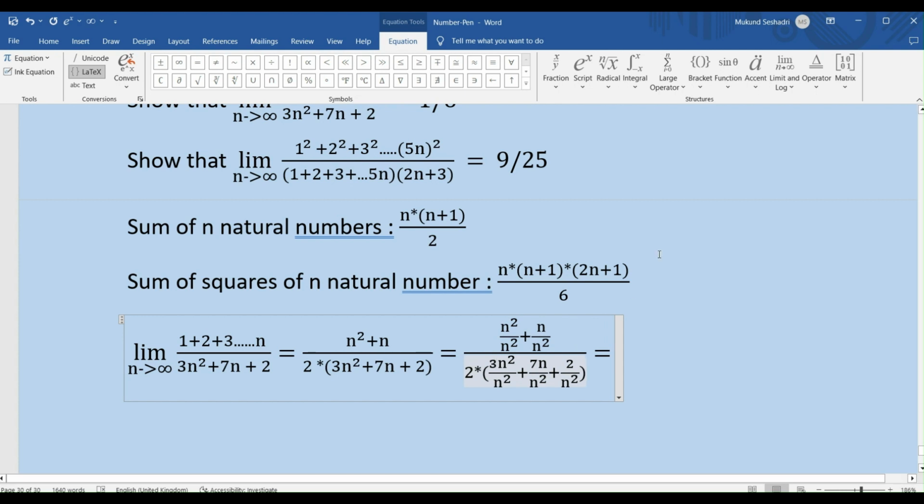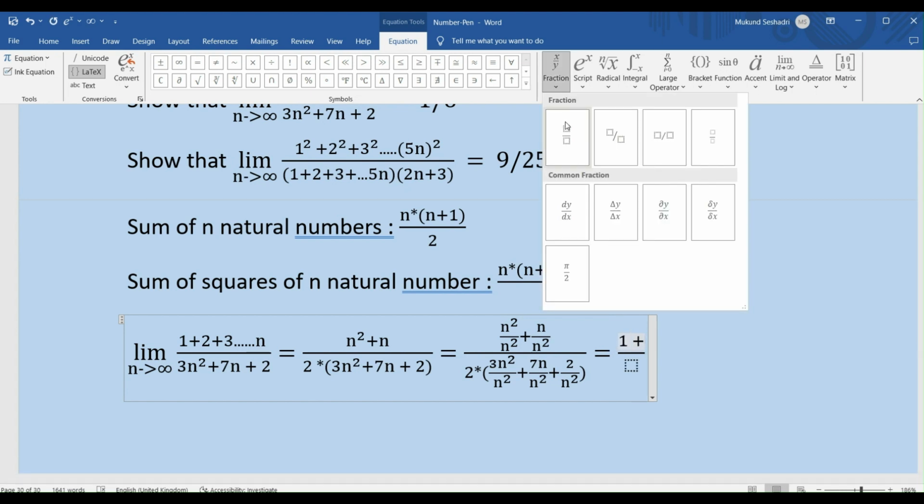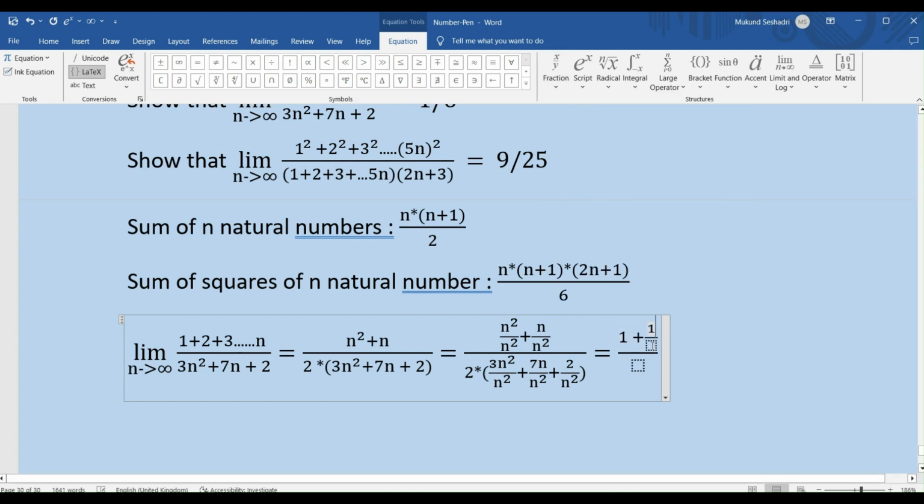So I know that my n square by n square becomes 1, and my n by n square with respect to the numerator becomes 1 by n.